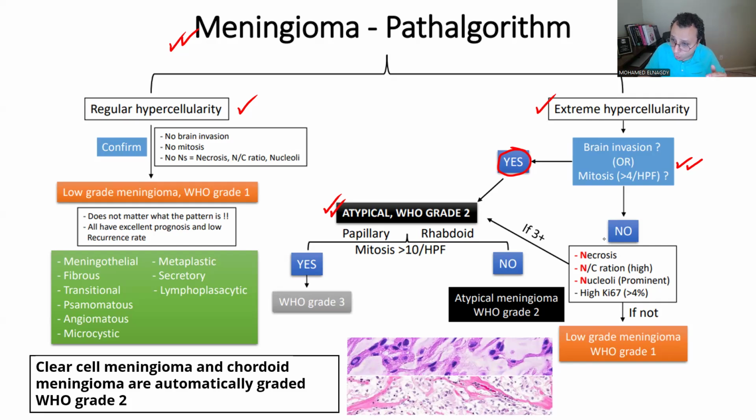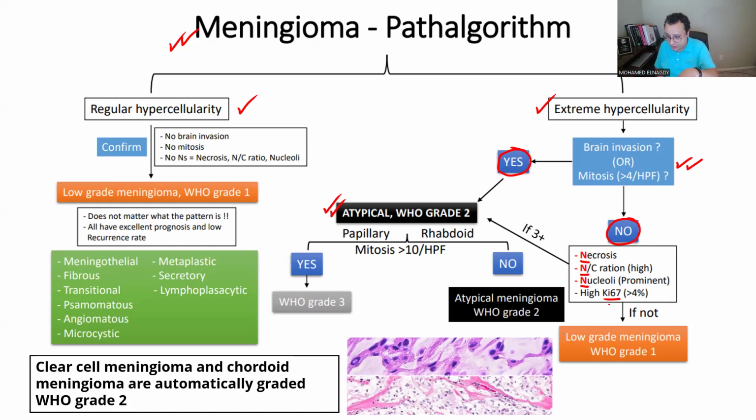Okay, if it's a no, is it a done deal? Is it low grade? No, it's not. You need to look more. Look for the ends. What are the ends? Necrosis, NC ratio, nucleoli, the Ki67. Ki67 is sometimes called MIB or MIB1, which is the same as Ki67.